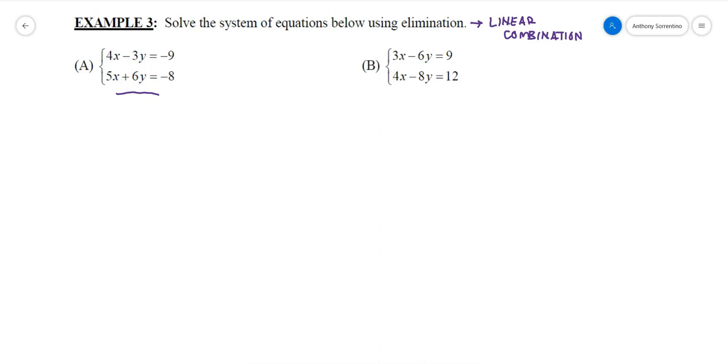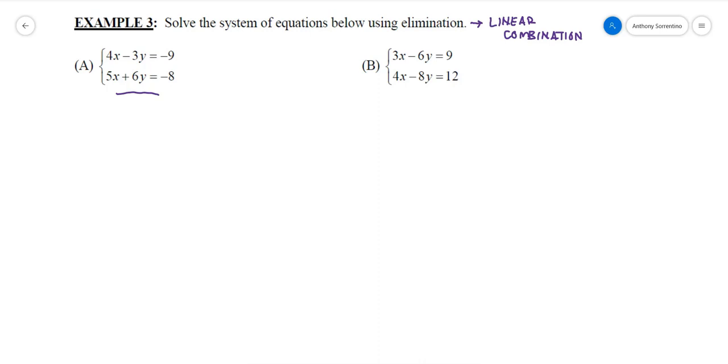And then what I want you to do eventually is get the same number in front of that variable, but have different signs. And again, I make the choice about what I do based off of what's there and which would be the easiest to get to that situation where I would have the same number in front of the x's, with one being the opposite of the other, or the same number in front of the y's with one being the opposite of each other.